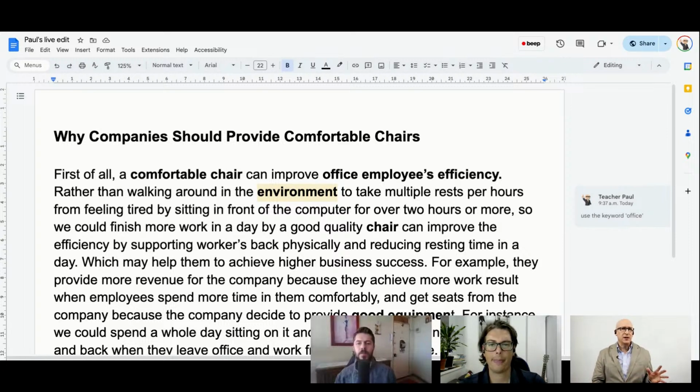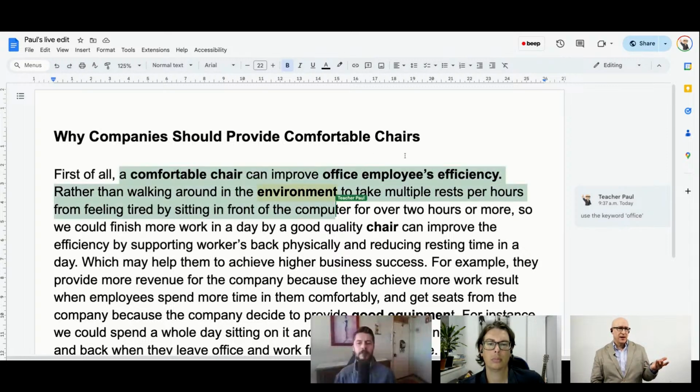And it all really depends on the assignment. If it's an informal assignment, your teacher or professor may allow first person. If it's a highly formal academic paper, that may not be appropriate. It may be more appropriate to focus on the topic, comfortable chairs in this case. But one thing you don't want to do is switch between them. And there's a bit of that going on here.